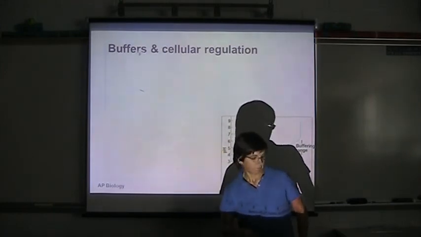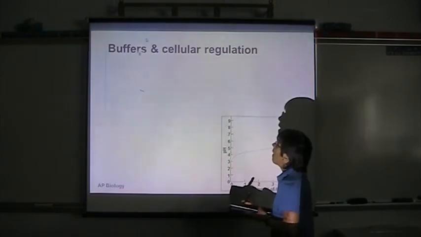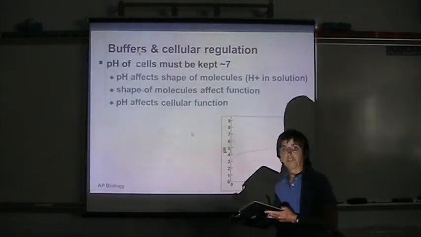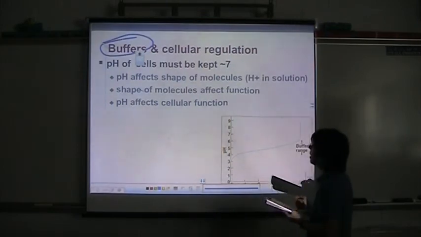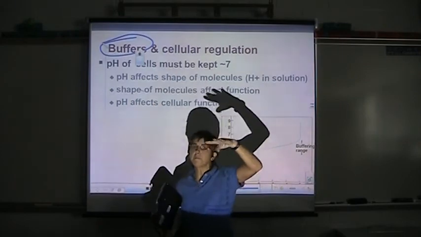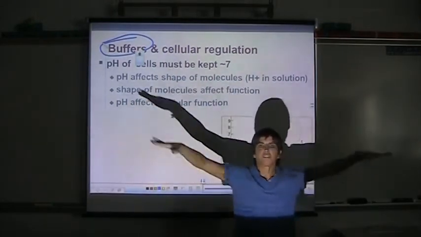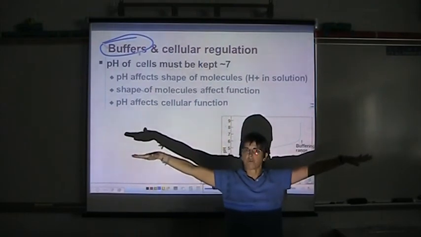Parting thought or parting concept: buffers. You've all talked about buffers. You learned buffers in chemistry. Buffers are substances that allow you to maintain the pH at a relatively constant level, whatever that level is. You figure out what concentration you want.